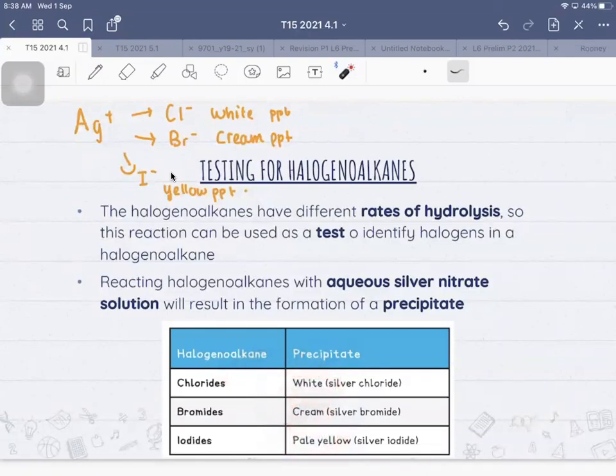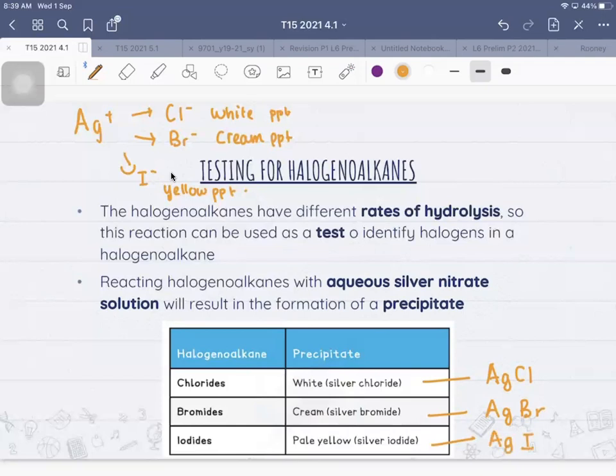Okay. So reacting halogenoalkanes with aqueous silver nitrate solution will result in the formation of the precipitate. So what this precipitate was is actually AgCl for chloride. If it was a bromide, it would have been silver bromide. And if it was an iodide, it would have been silver iodide.